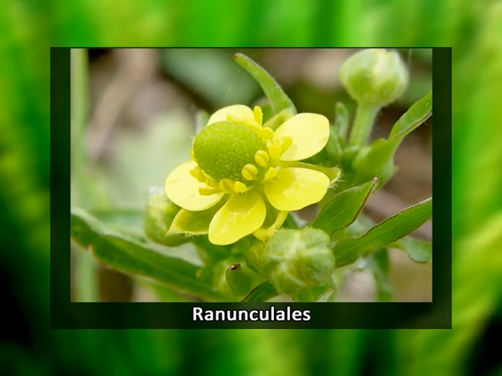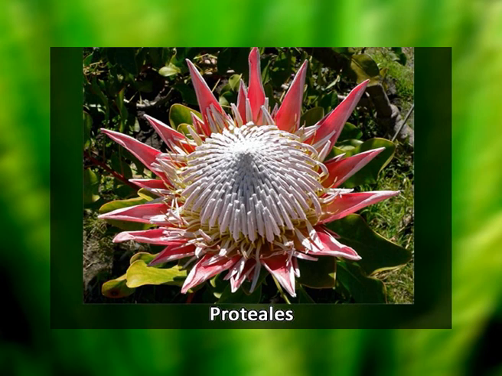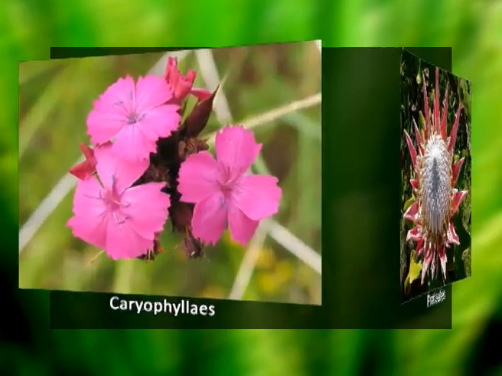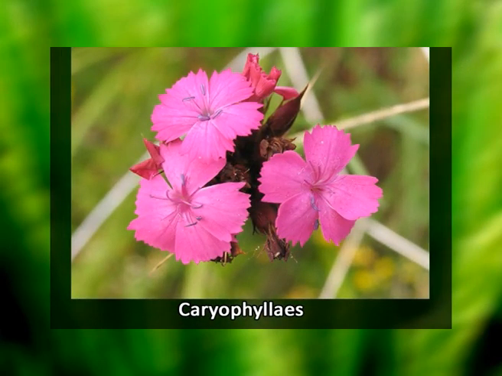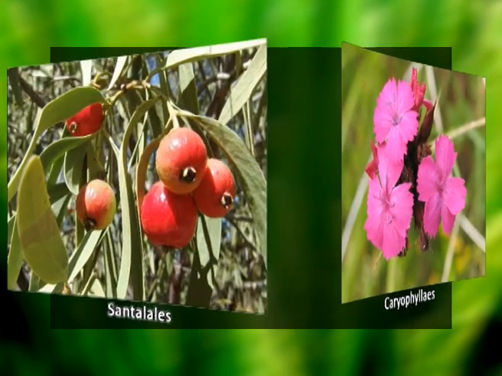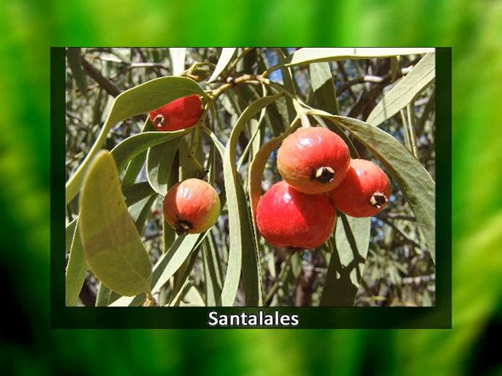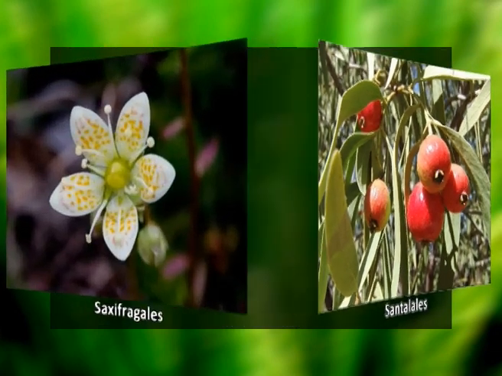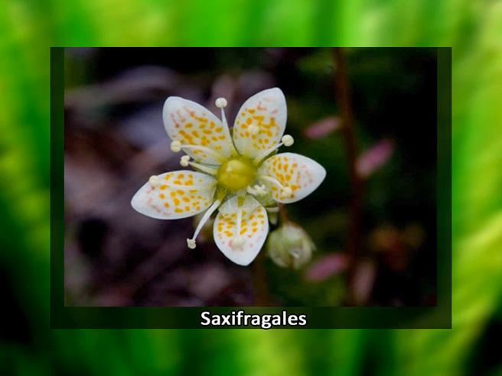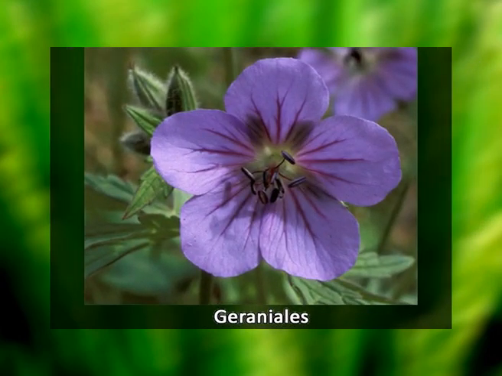The various orders that have been recognized under the Eudicots include, starting with Ranunculales. Then we have Proteales, a group of plants which is mostly restricted to South Africa. Then we have Caryophyllales, a large group of plants, followed by Santalales. This is followed by Saxifragales. Then Geraniales. Geraniales is an order wherein we have the common geraniums which we use as ornamental plants.